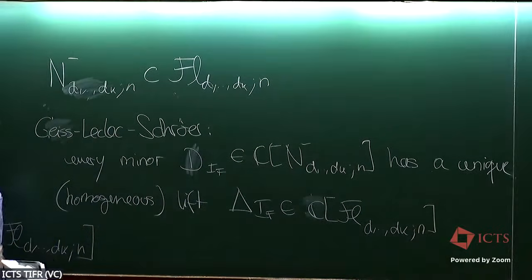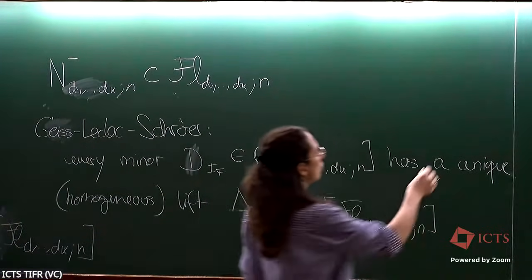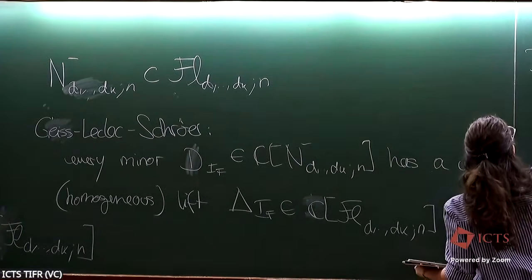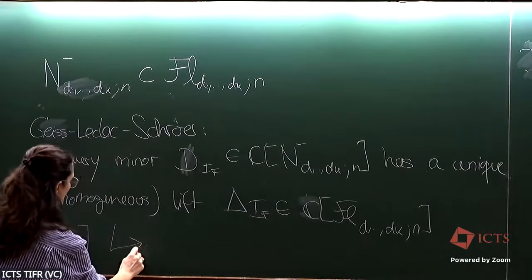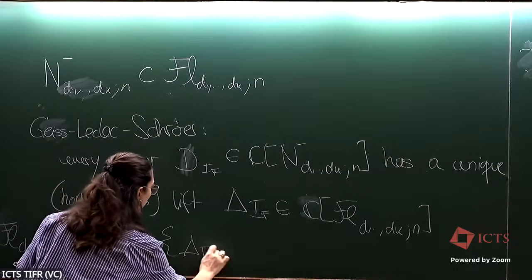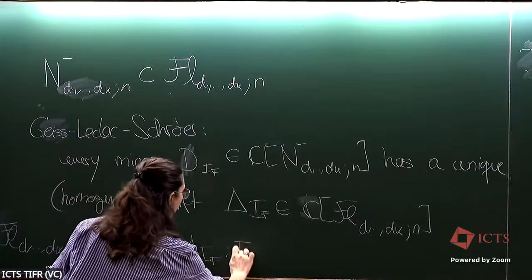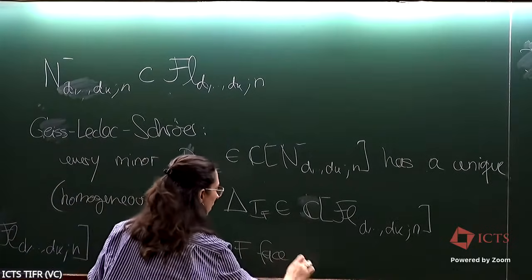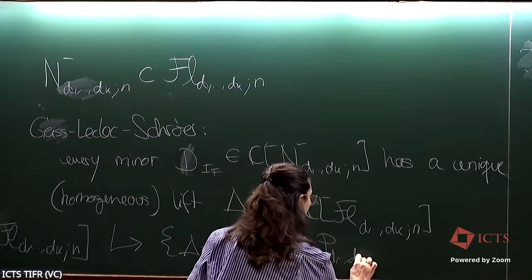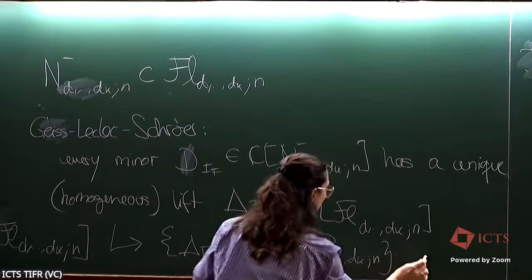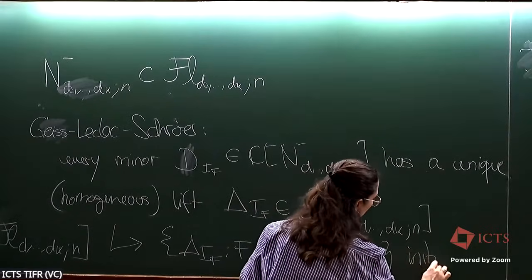And this is the collection of cluster variables. So now I have my definition, or yeah, this delta I F for F a phase in my pseudoline arrangement is my initial cluster.